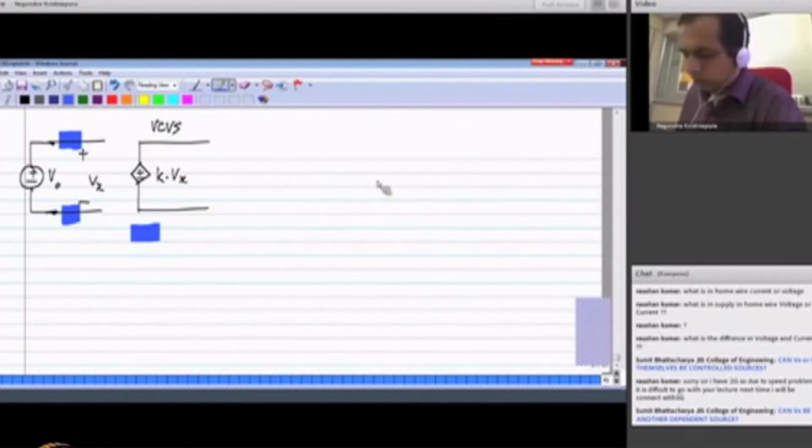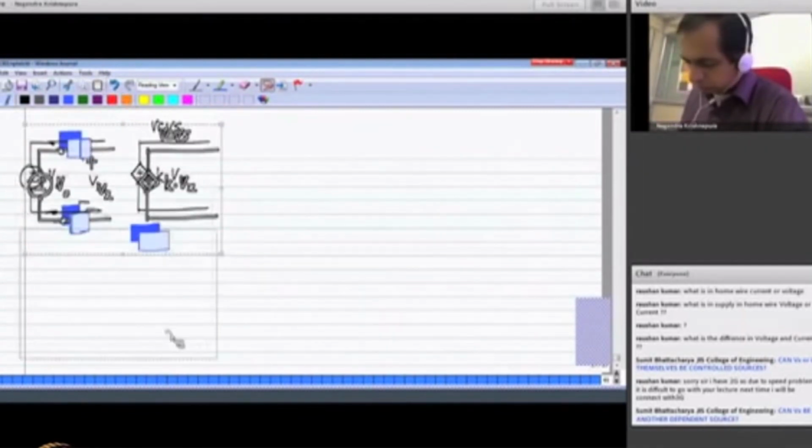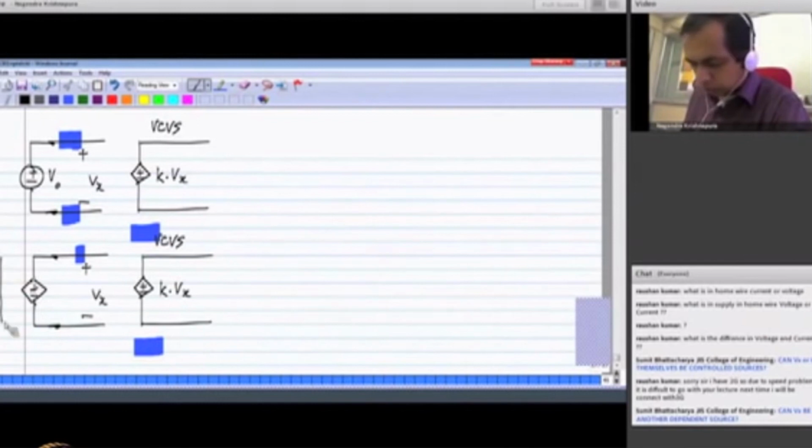So that's possible, and it's also possible that it comes from yet another dependent source. Okay. So let's say this Vx could be the result of a current controlled voltage source where this Ix is the current flowing somewhere and this voltage source is R times Ix. Okay. All of these are possible.